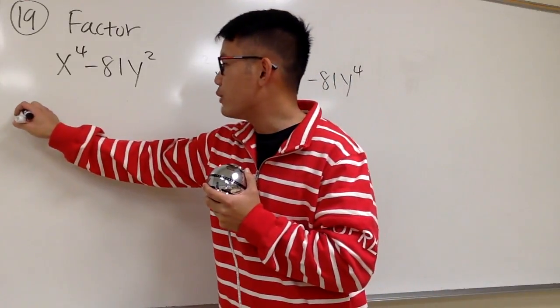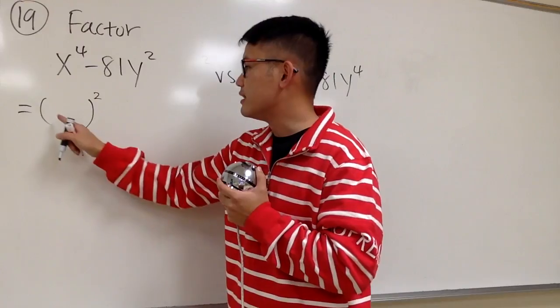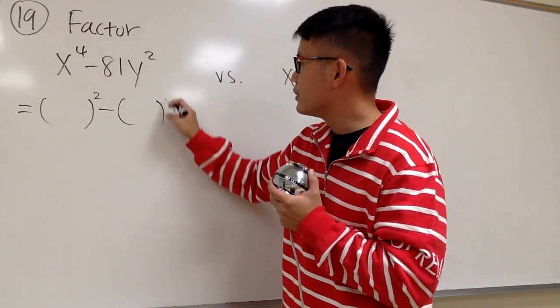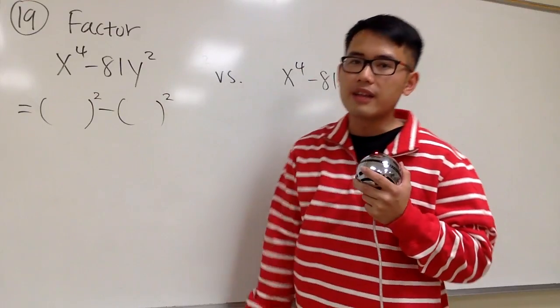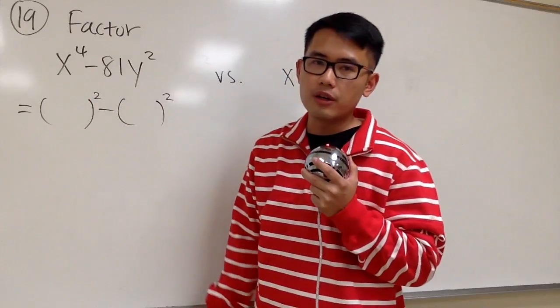Okay? So to get ready, I'm going to open a parentheses and then rewrite the first term as something to the 2nd power. And then minus something else to the 2nd power. And hopefully that can give us the 2nd term. How can we fill in the first parentheses right here?